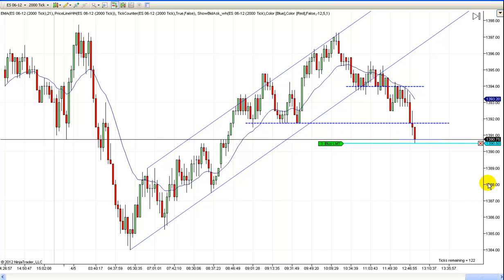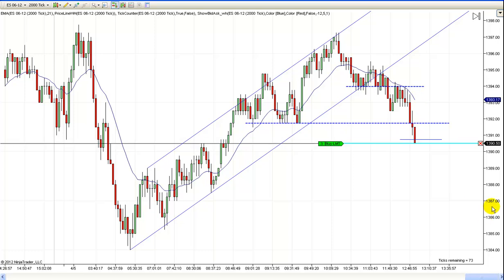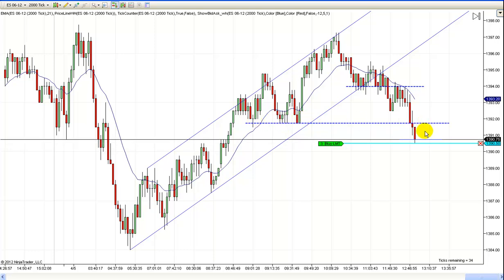And now I believe we have our two legs back. We're actually a little overdone here to the downside. You see how far away we are from the EMA, which is not always a good reason to trade by itself. But if you throw all the rest of the pieces in here, this is a break below this, and the odds are very high we're going to come back and test that again.